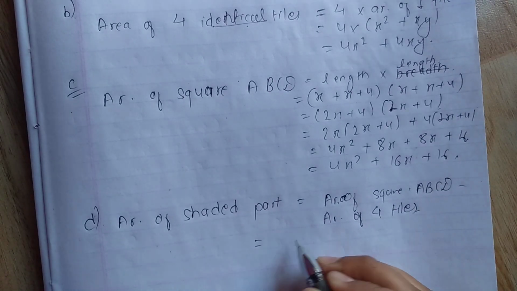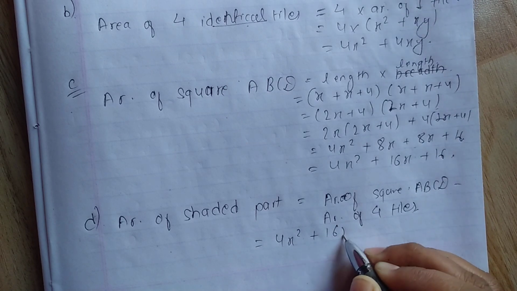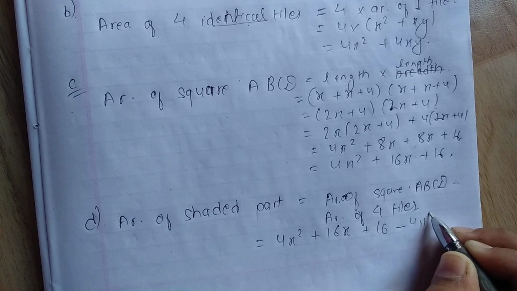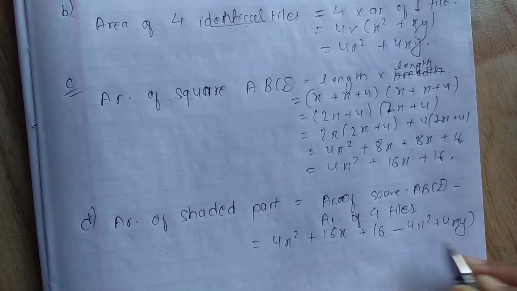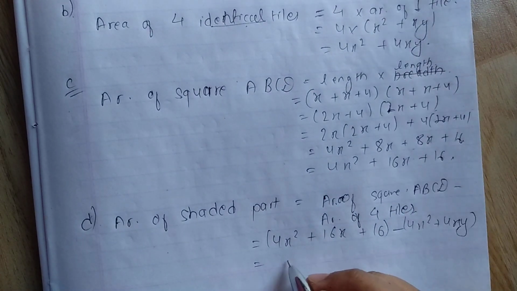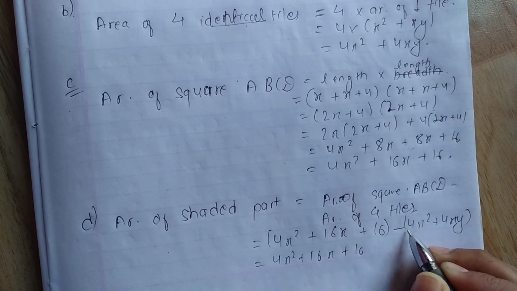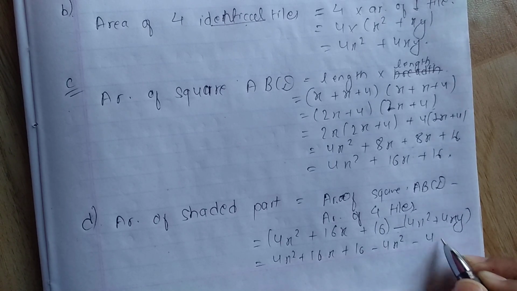And we have already found out the values: 4x square plus 16x plus 16 minus 4x square plus 4xy. And always remember that we have to keep all the expressions in brackets. So 4x square plus 16x plus 16 minus, we will open, then minus 4x square, minus into minus, minus 4xy.